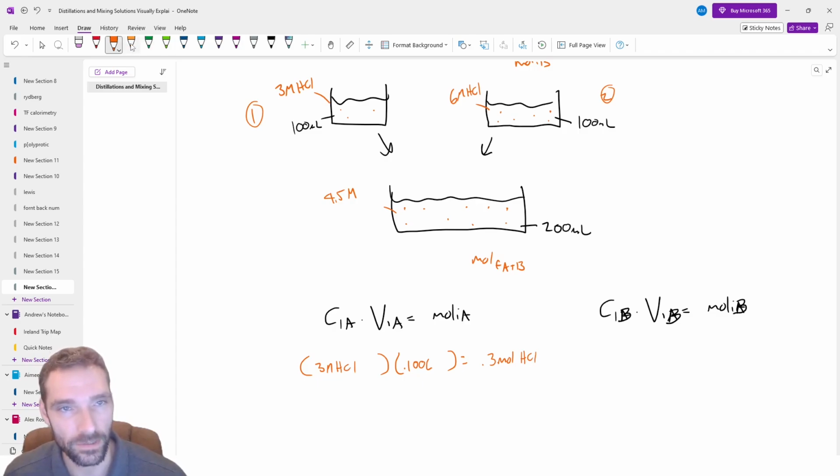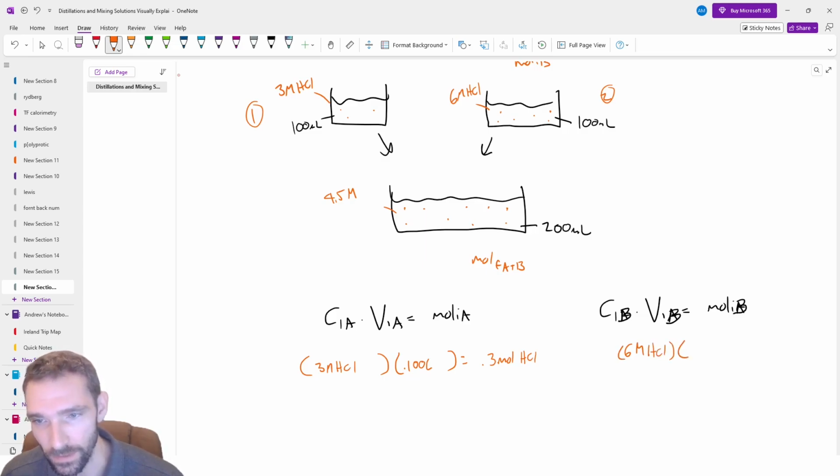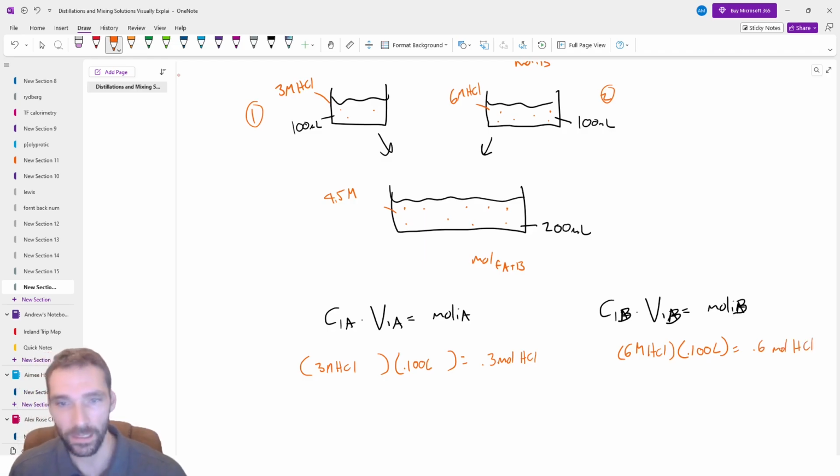In a similar fashion, on this right side, you've got 6 molar HCl, and that is being multiplied by its volume of 0.100 liters, which is going to give you 0.6 moles of HCl. If we want to think about our amount of moles that are present here, you can add those two up. So you're getting 0.9 moles of HCl in this final solution.